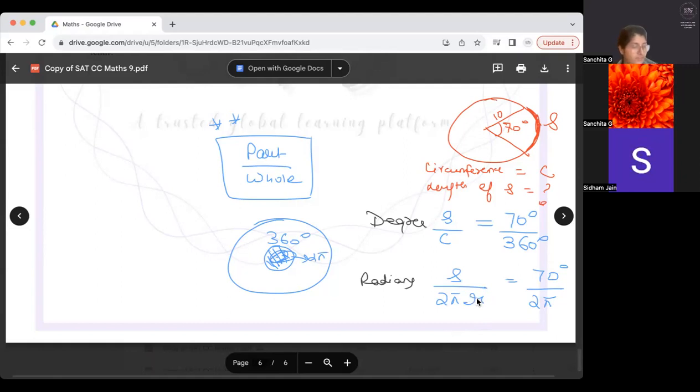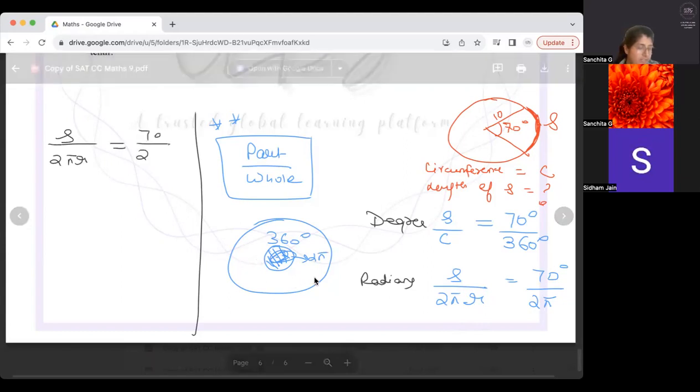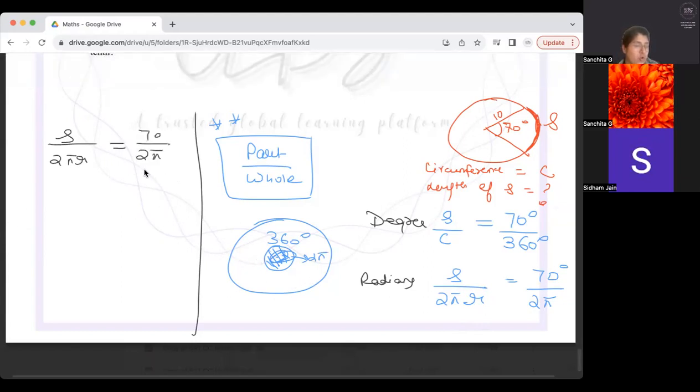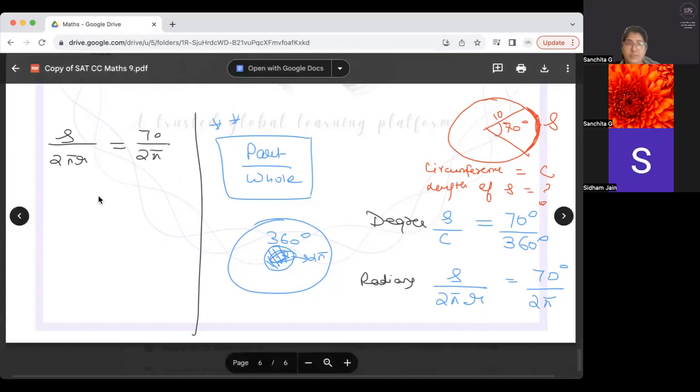Let's solve it, guys. So I have S over 2 pi r, and I have 70 divided by 2 pi. So R I can get from here itself. S divided by 2 times 10 pi equals 70 by 2 pi. Can I cancel pi and pi?